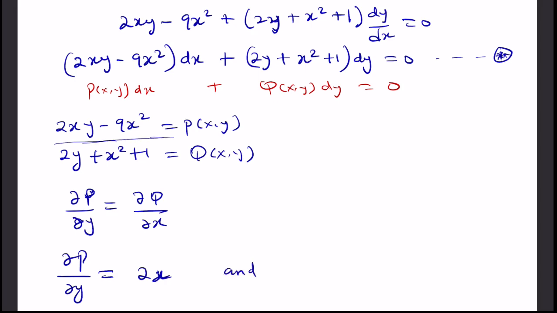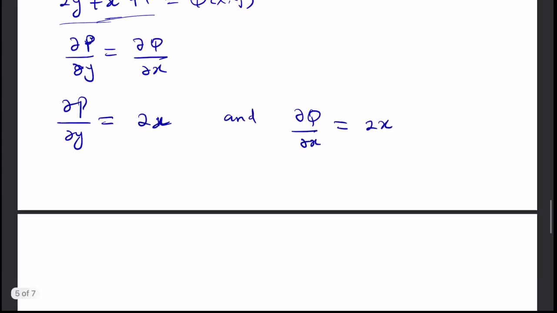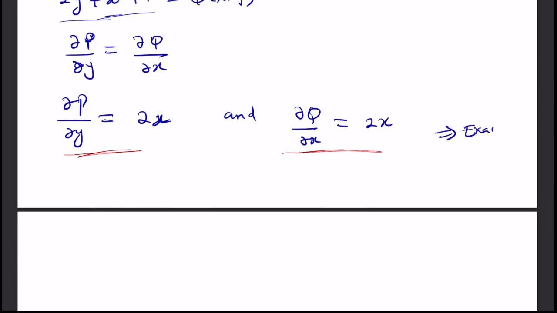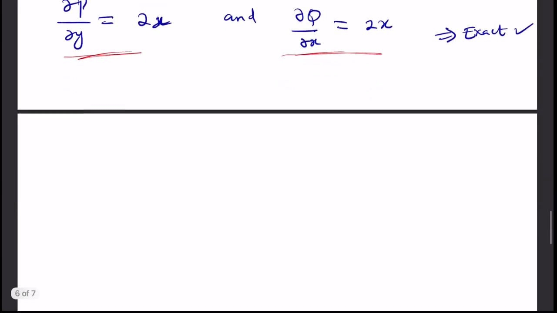And our del Q del x is equal to 2x, because we differentiated this with respect to x partially. Therefore, we can see that this is equal to this. So we can conclude that it is exact. Now let us seek the solution.